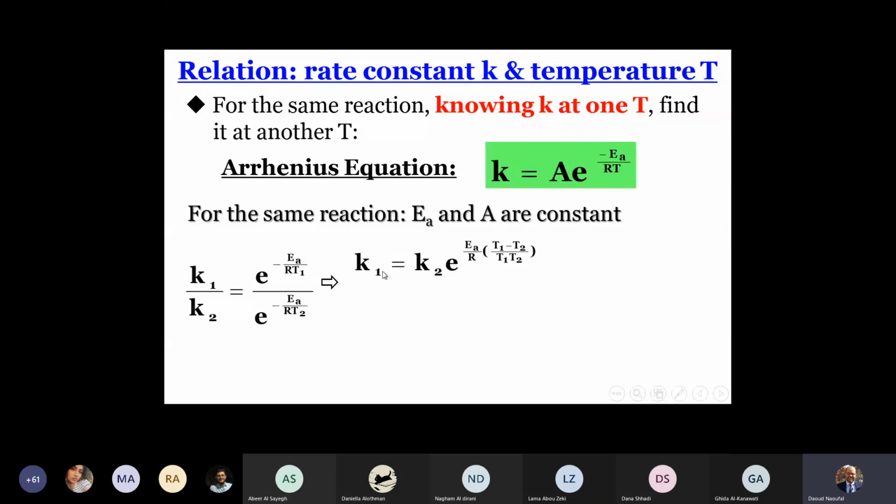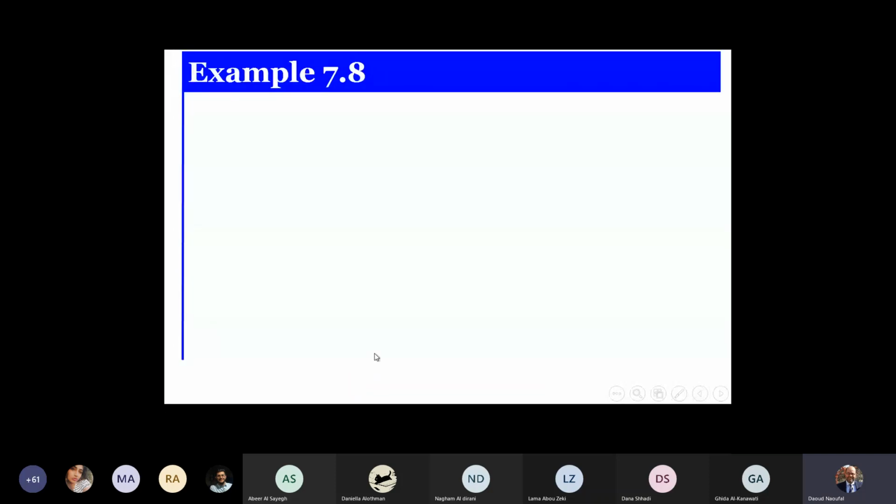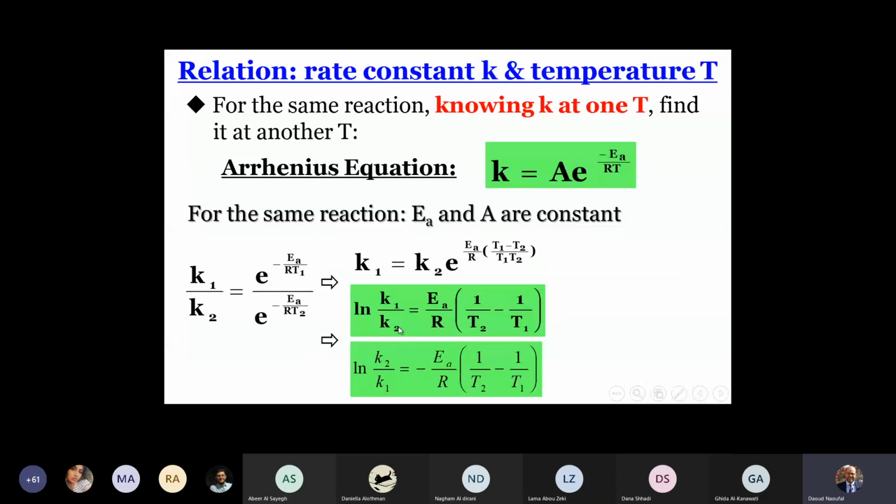So K1 equals K2 times e to the EA over R times (T1 minus T2) divided by T1 T2, and taking the log, ln K1 divided by K2 equals EA divided by R times (1 over T2 minus 1 over T1). Or in other words, ln K2 divided by K1 equals minus EA divided by R times (1 over T2 minus 1 over T1).